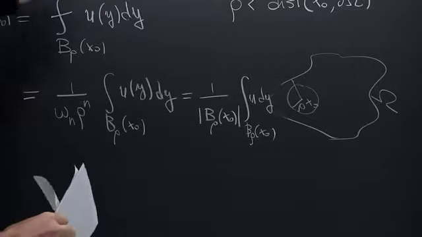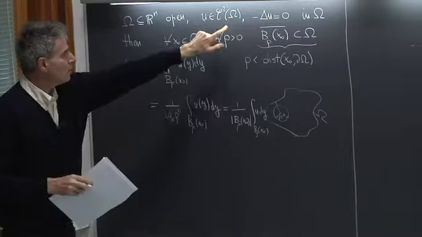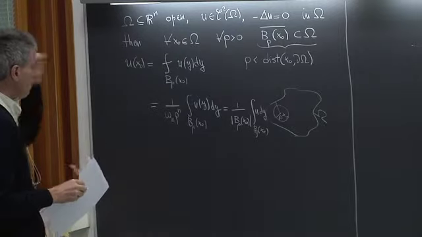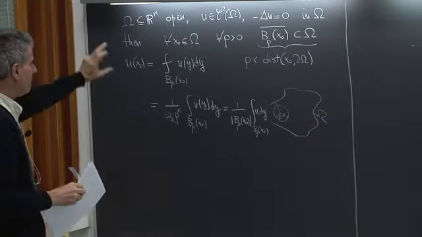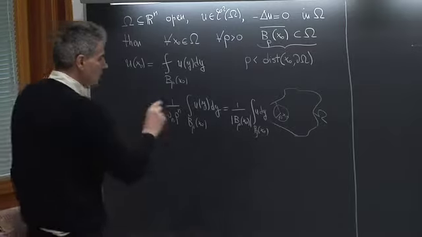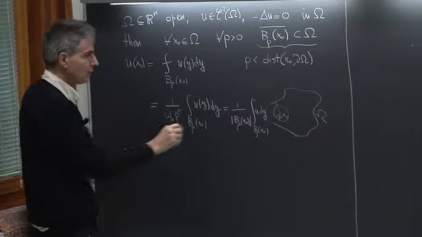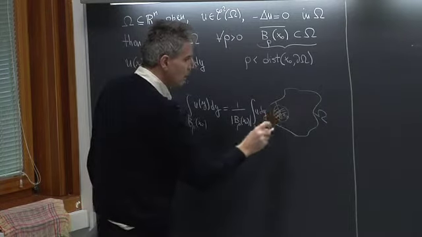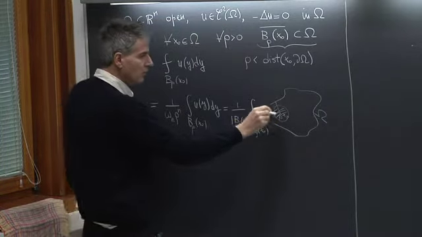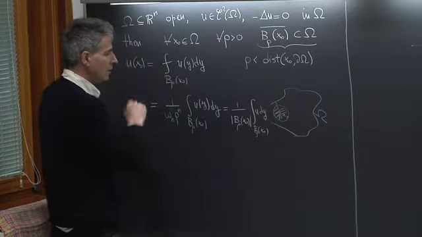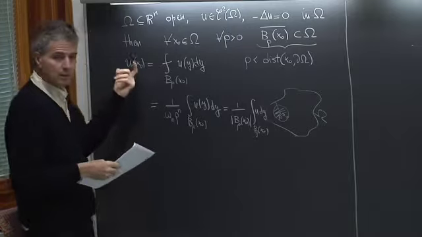So for a function u in C2 satisfying this, we have proven the mean value formula for solid balls. I take a solid ball, I take the mean integral over this ball of the function, and the value is equal to the value at the center.